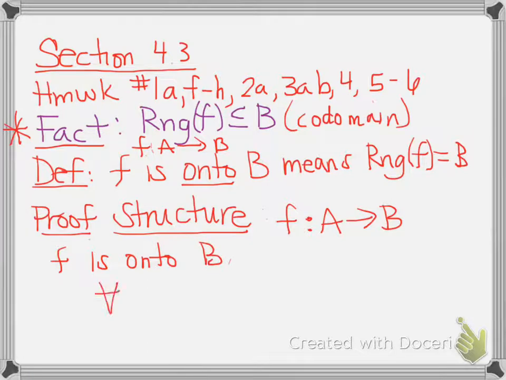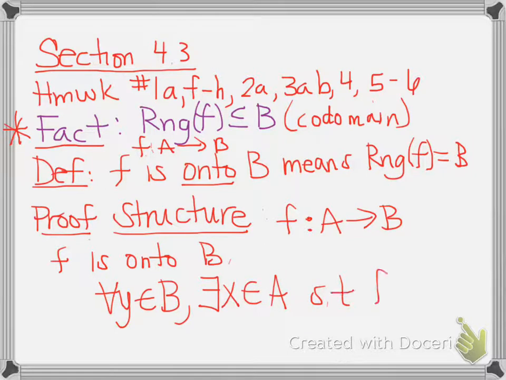Proof-wise, that means for every Y in B, so everything in your codomain, there exists an X in A such that F of X equals Y. Okay, hopefully that makes sense.